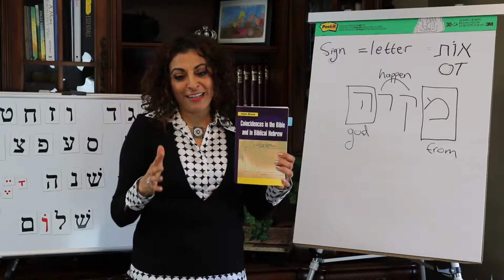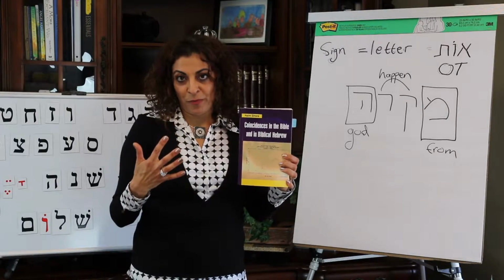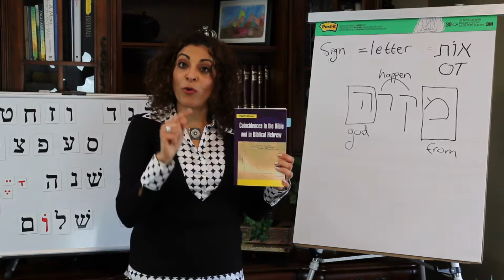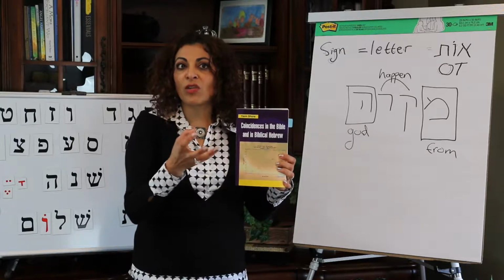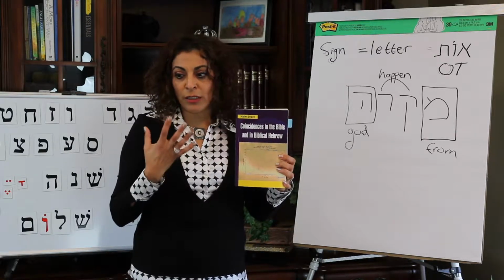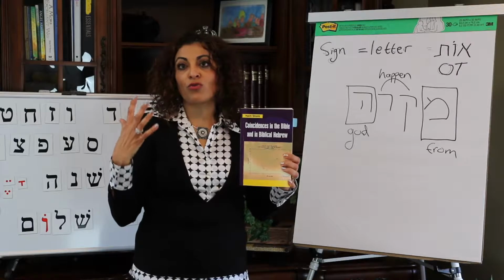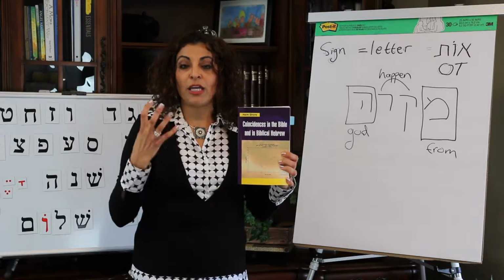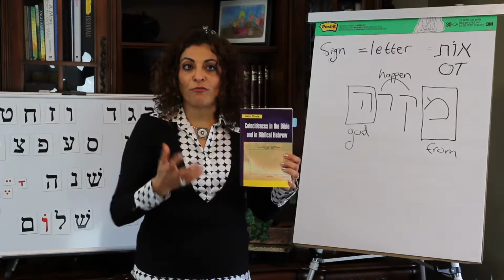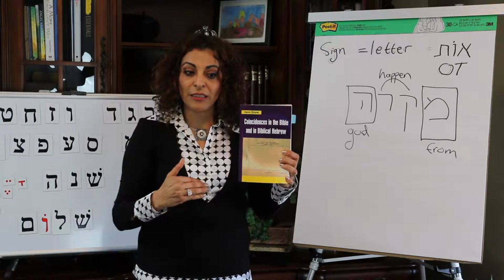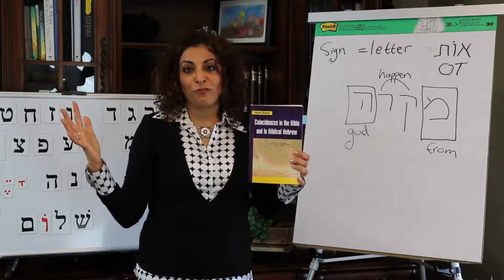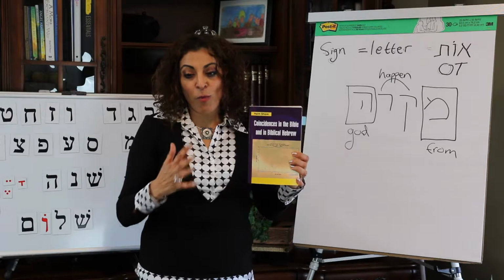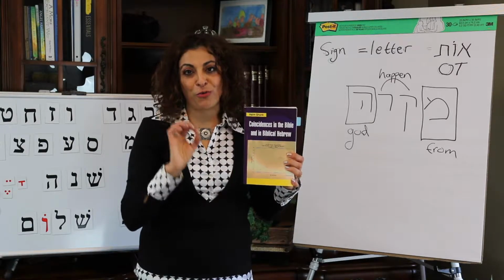And the more I learn about Hebrew, and the more I use it, even though I was born and raised in Israel, this kind of understanding only came to me in the last 20 years of teaching Hebrew and the love of the religion. When I studied it, it opened a well of information for me, and I hope I can share some of those things with you.